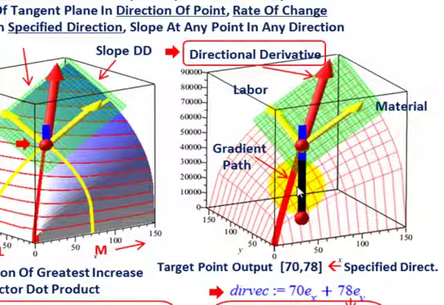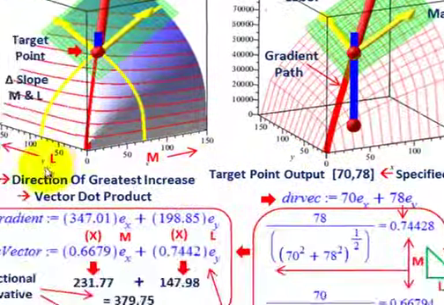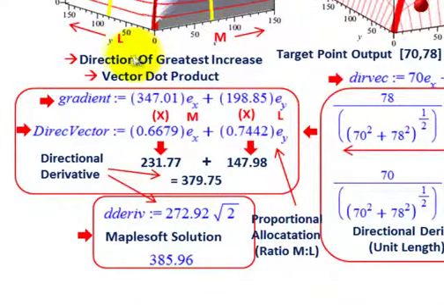That's really our output. Again, our target point for our output was 70 units of material and 78 units of labor, and that is our specified direction. We have to determine our directional derivative, the direction of the greatest increase in our output, and they call that the vector dot product.